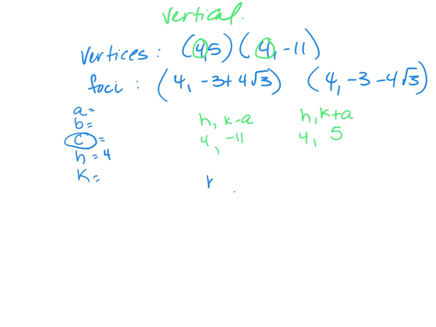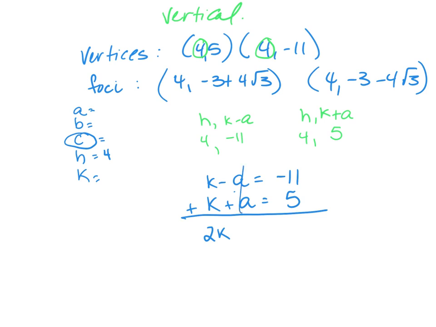So we have K minus A equals negative 11, and K plus A equals 5. If we have two variables, we need two equations. Do I have two equations? Then I can do elimination. And these are pretty easy. What happens when I add these two equations together? I get 2K. What happens to the A's? A negative and a positive?